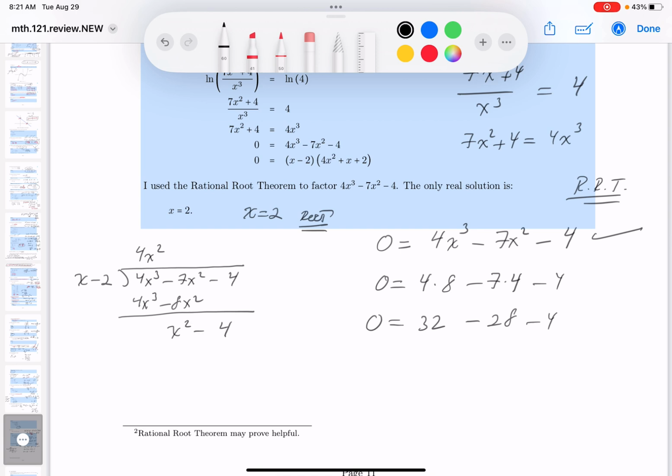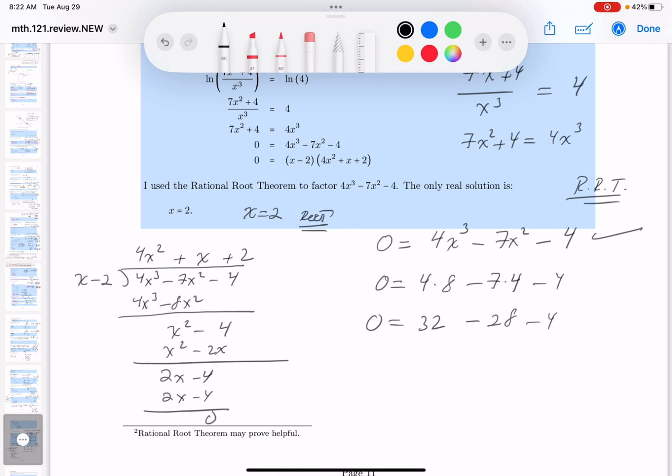Now, let's keep going. What I'm going to do now, I'm going to add x. And what do you get there? x squared minus 4x. I'm sorry, I made a mistake there. It's going to be x squared minus 2x. You're going to subtract. What do you get there? 2x minus 4. What do you do now? Well, it looks like 2. So what do you get? 2x minus 4. Well, as expected, 0 remainder.